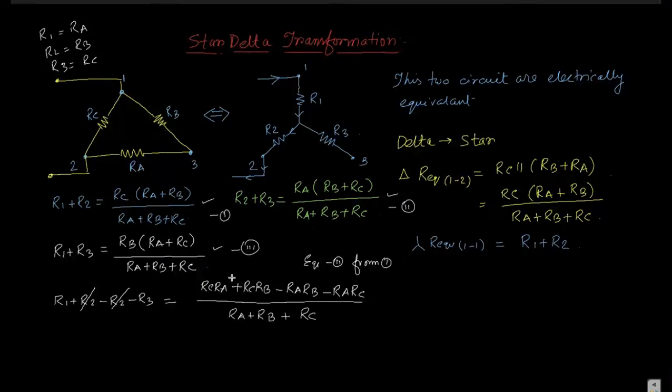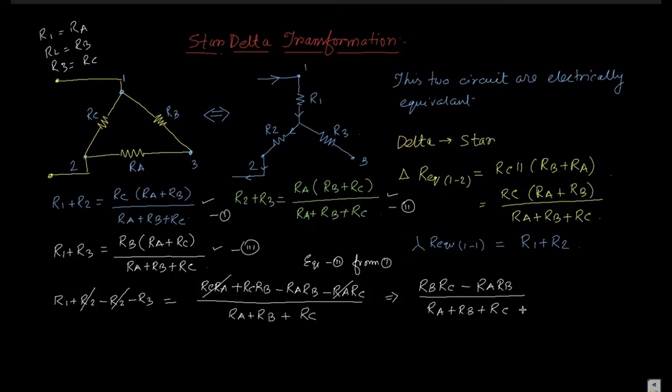So RARC cancel out, so it becomes RBRC minus RARB, divided by RA plus RB plus RC.